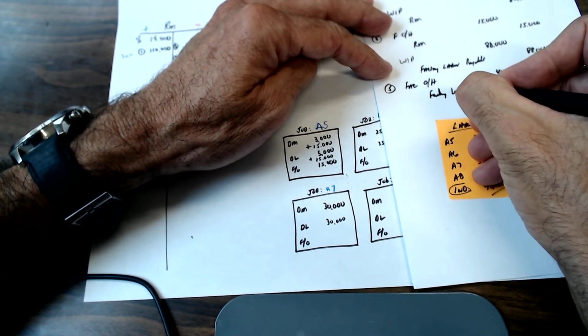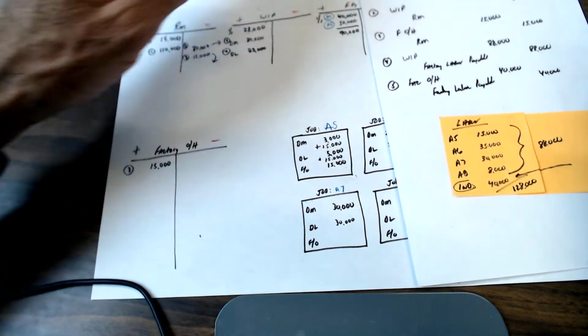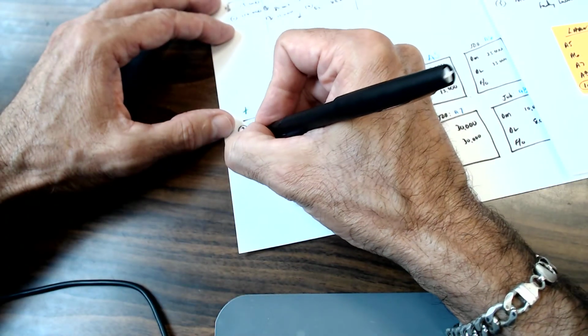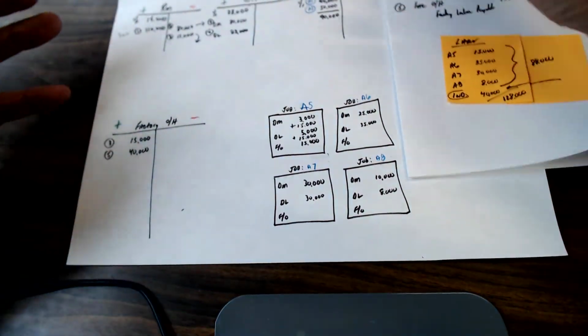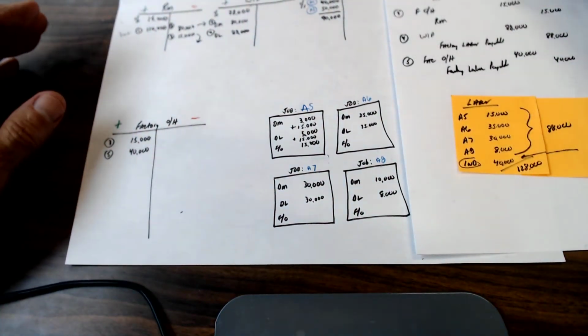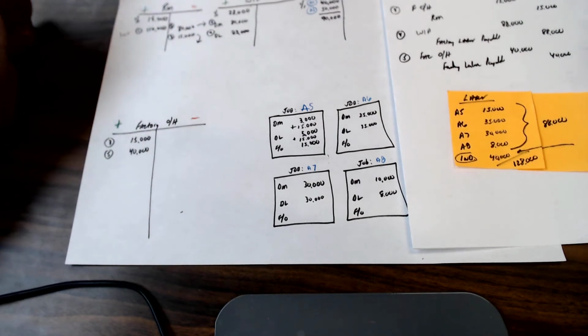It's still factory labor payable, 40,000. And of course, I don't have the credit here for the factory labor payable. I don't have that account here because that's not where we're really concentrating. But good. Now we've recorded the labor, both direct and indirect.